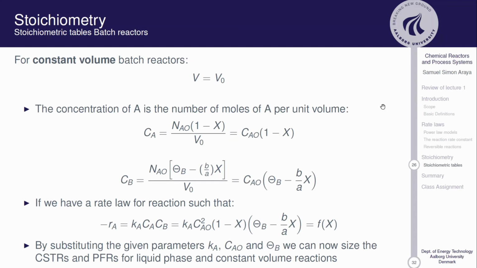As you can see here, we basically just did the rate of reaction for a batch this way, related it to conversion, and we're saying that with that we can construct a design of the volume of a CSTR or PFR. Since the rate of reaction is not a function of the reactor, but just a function of the concentration and the properties of the reacting materials, then whatever rate of reaction we get here will be the same also for CSTRs and PFRs.